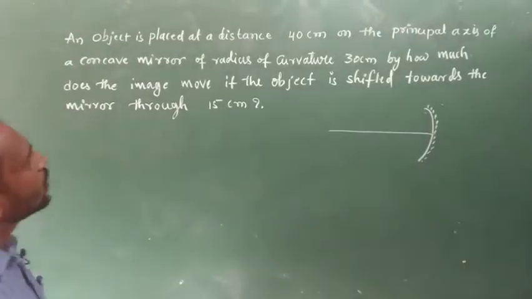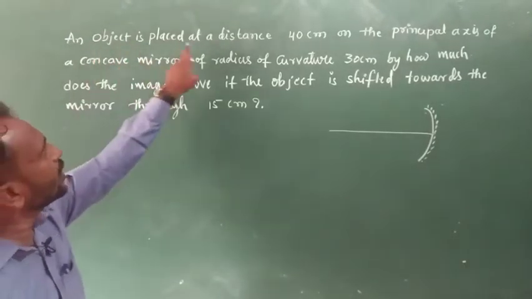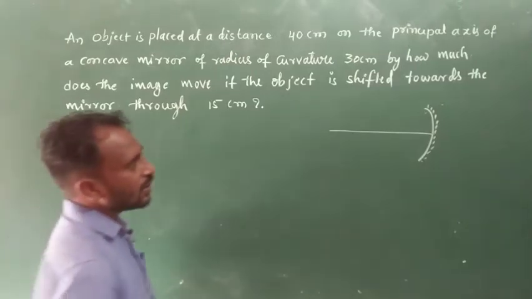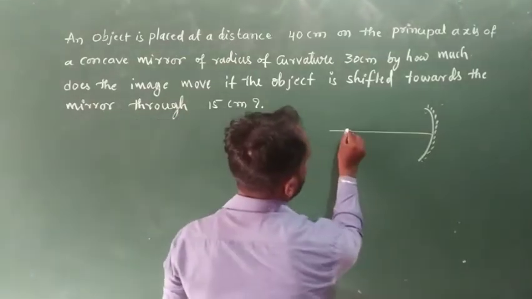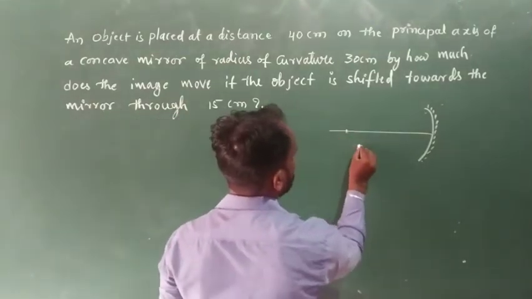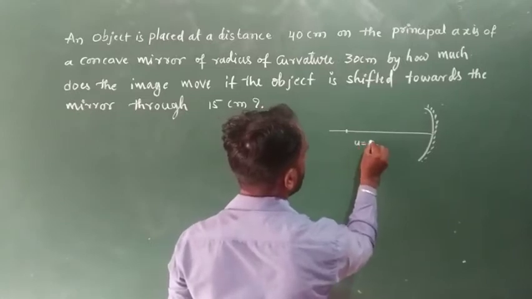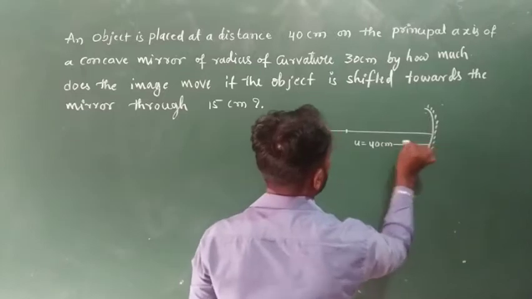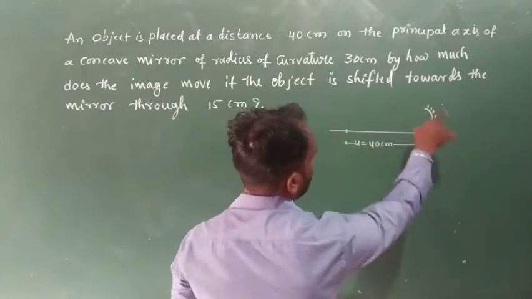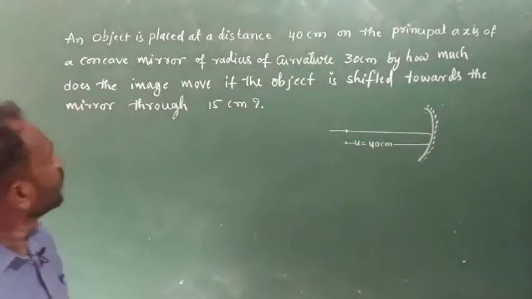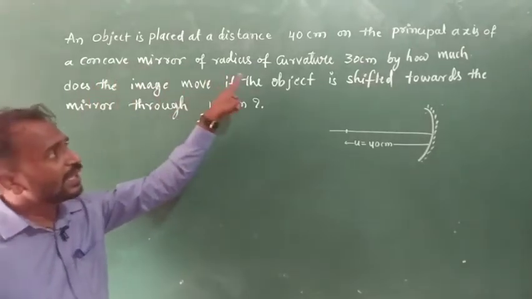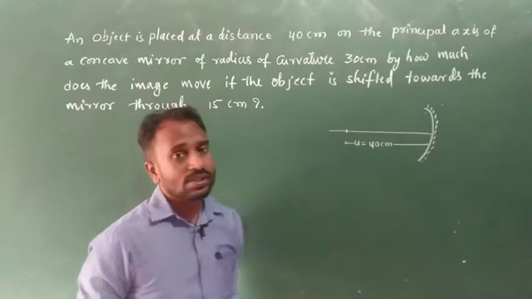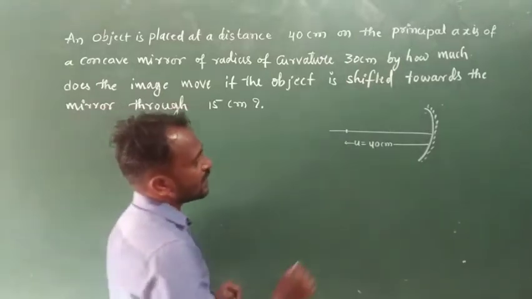The object is placed at a distance of 40 centimeter, it means the object distance u is 40 centimeter from the concave mirror. Next, the radius of curvature is 30 centimeter.